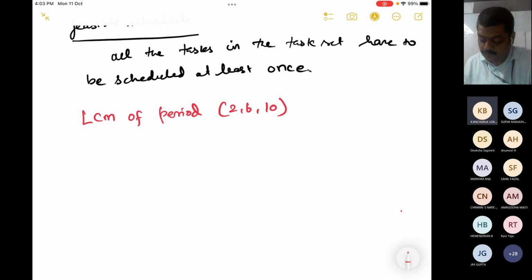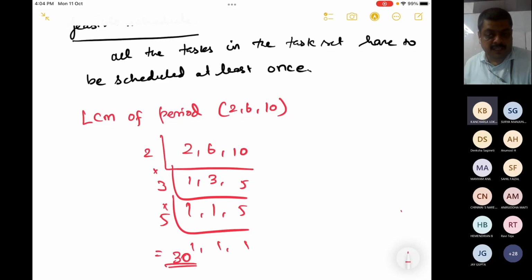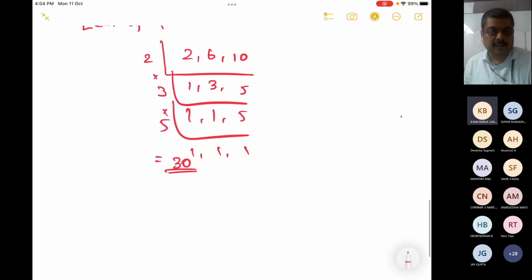How do we calculate the LCM? For 2, 6, 10: 2 gives 1, 3, 5; then 3 gives 1, 1, 5; then 5 gives 1, 1, 1. So 5 into 3 into 2 is equal to 30. Within 30, we have to check whether all the tasks execute at least once.